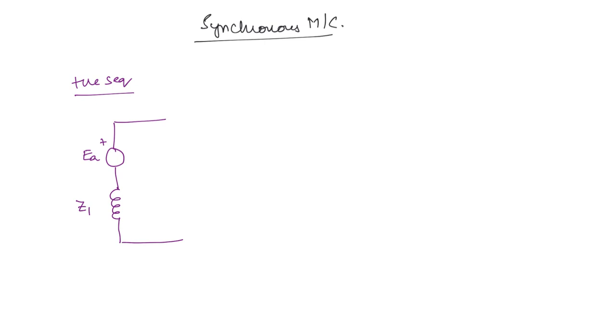Otherwise it is equal to the subtransient or the transient values. The terminal voltage is going to be VA1, and the current IA1 flows. This is for each phase, and for the sake of clarity we are showing all three phases here.